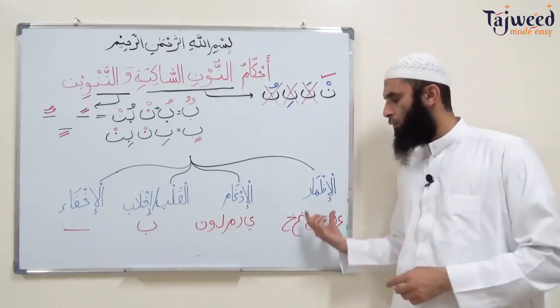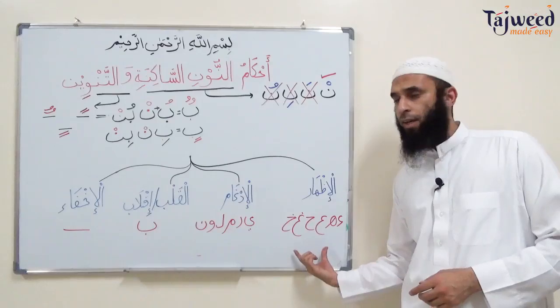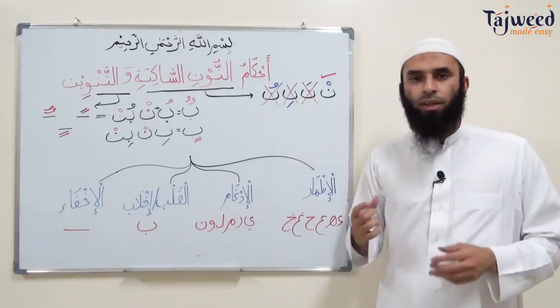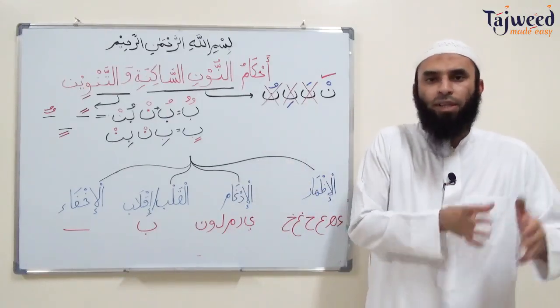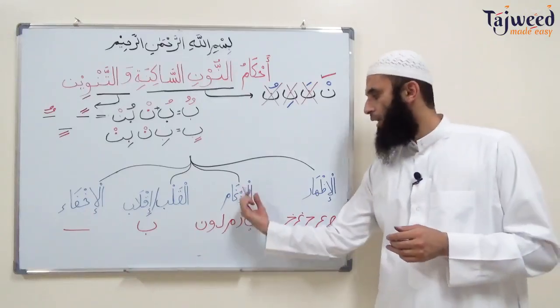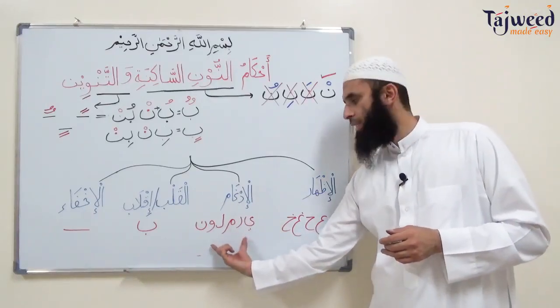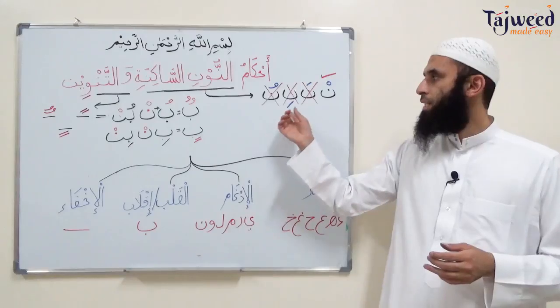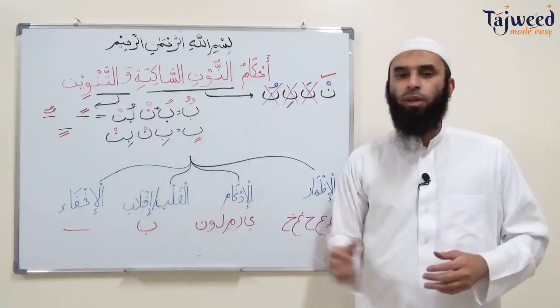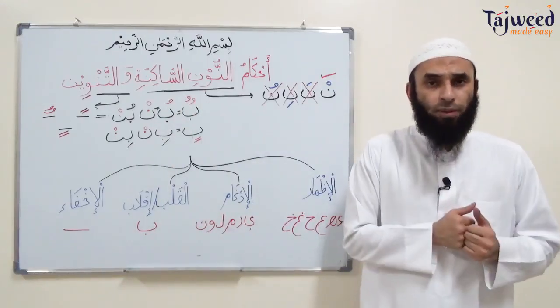Al-Idhaar effect: if a group of letters meet nun sakina and tanween, we'll pronounce the nun sakina and tanween in a specific way. If al-idgham, the six letters of idgham, meet the nun sakina or a letter that has a tanween, there's a specific way of pronouncing nun sakina and tanween.